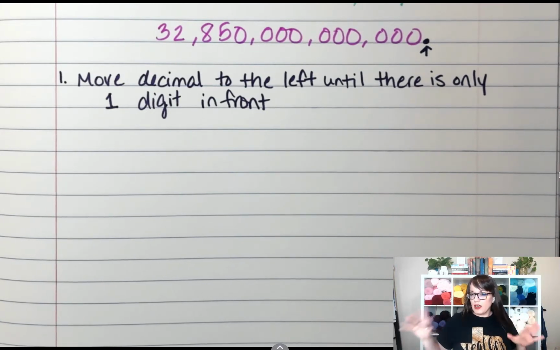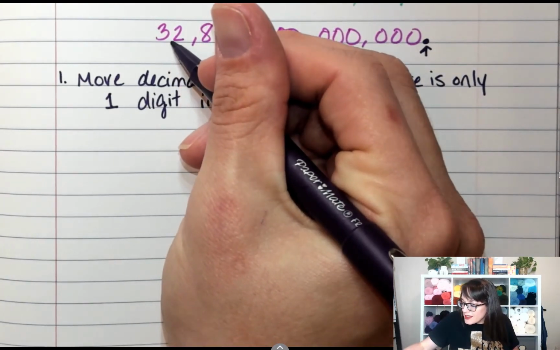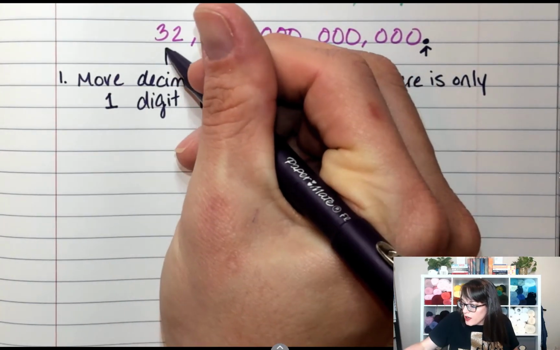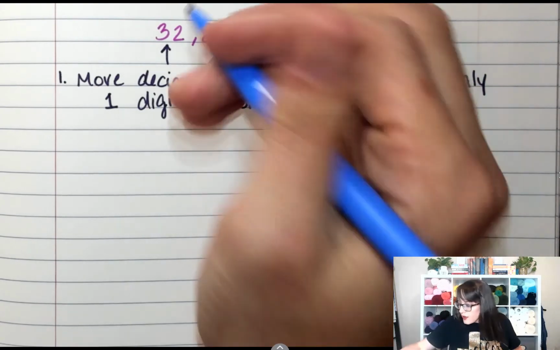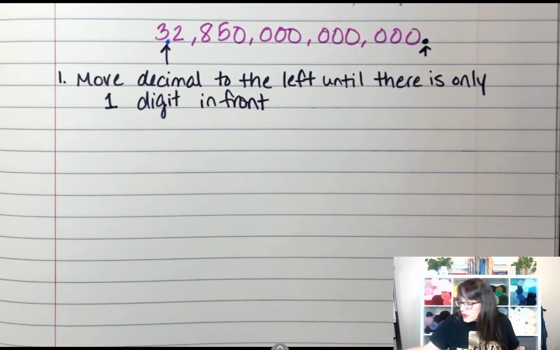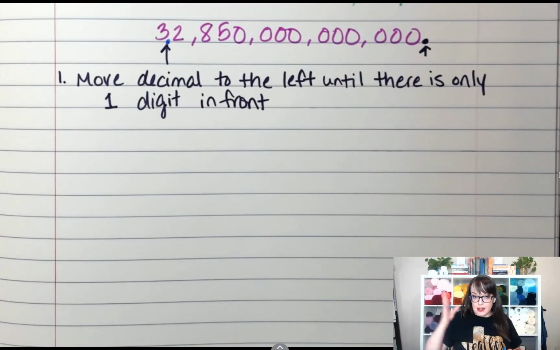What is that digit in this number? 3. So this is where I want to move my decimal to. I want it to be 3.2. That's where I want it to end up.